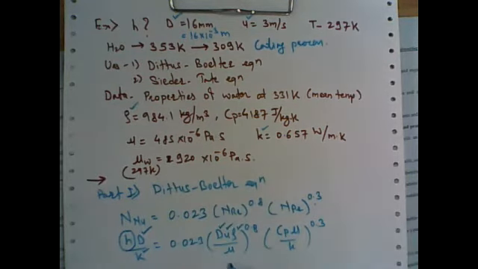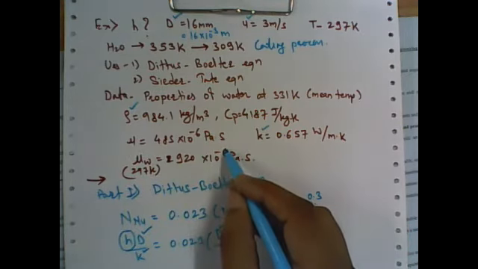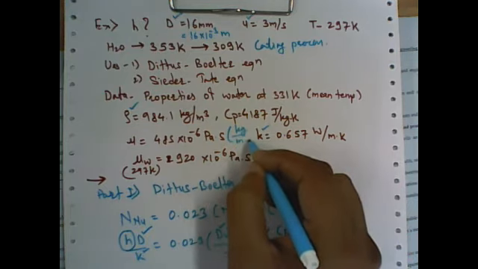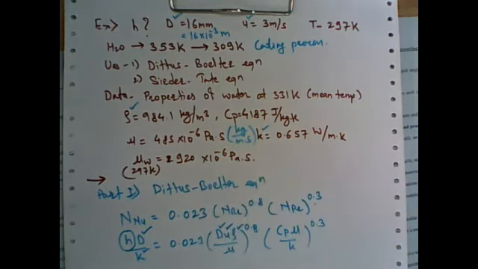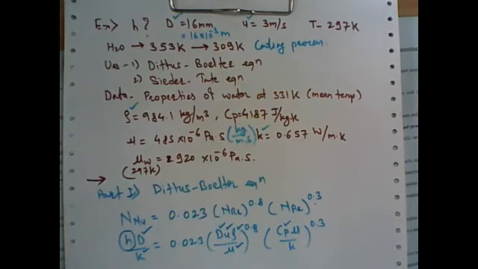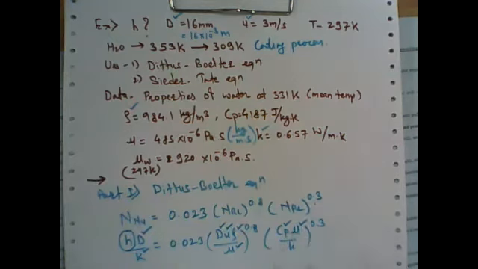Then upon mu. This mu is in terms of Pascal second, and this Pascal second is nothing but kg per m s. So there is no need to change or convert the unit. We can use this mu value directly. So mu is also given. Then Cp value is given, that is 4187 joules per kg. Then mu, we have already discussed, that is kg per m s.